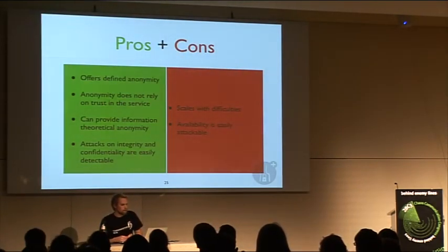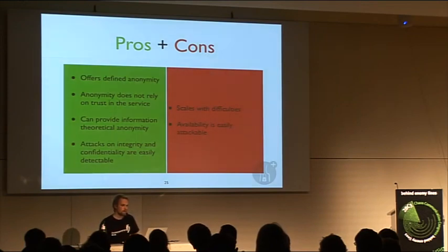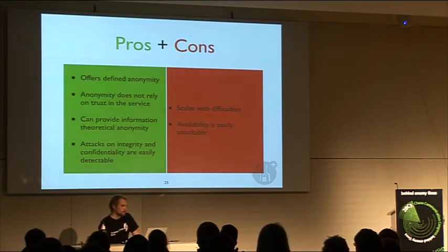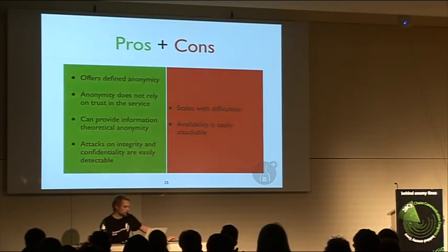So to recap the introduction of DC networks: DC is a technology which offers very well-defined anonymity. The anonymity does not rely on trust in the service itself. It can provide information-theoretic anonymity if you use real random keys.